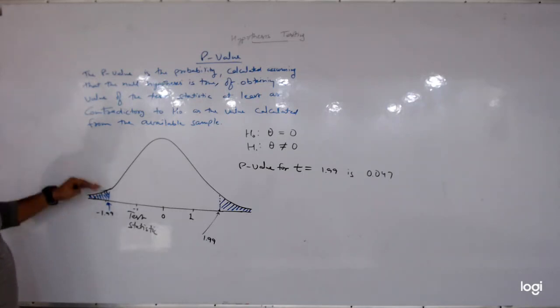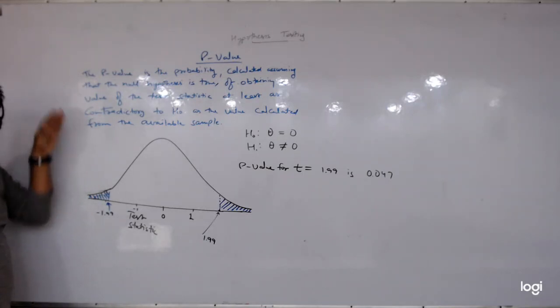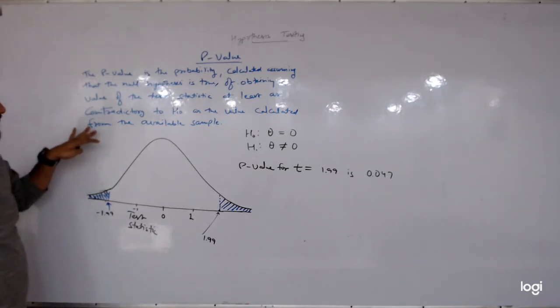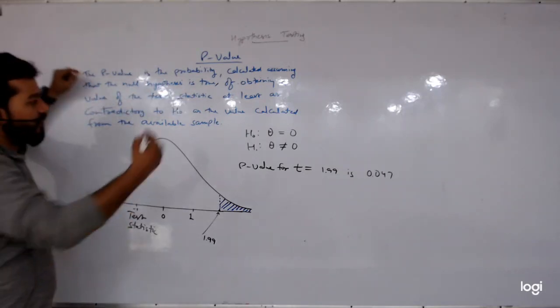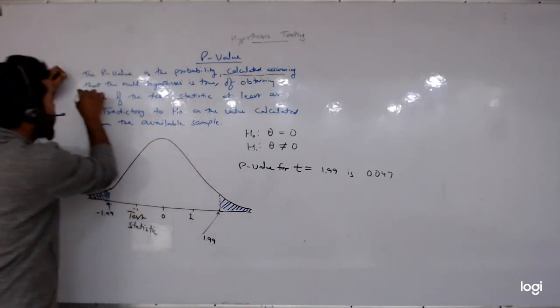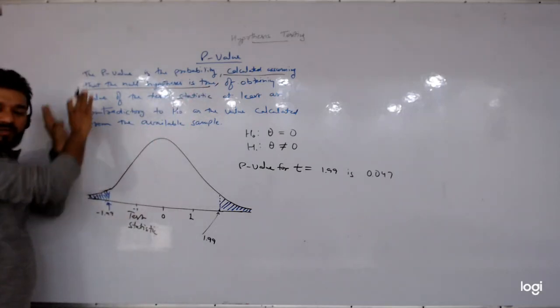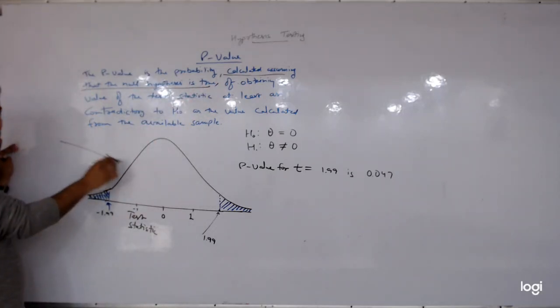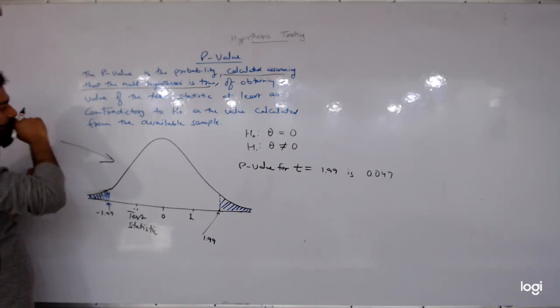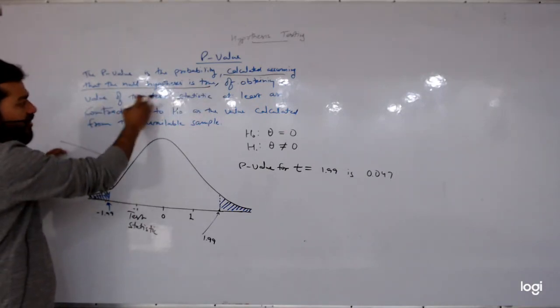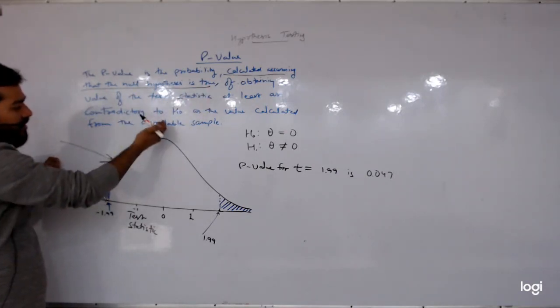Alright, so does this hocus pocus now make sense? Okay, let me read it out again. The p-value is calculated assuming that the null hypothesis is true. We concluded that part by saying that this distribution is drawn assuming the null hypothesis is true, of obtaining the value of the test statistic at least as contradictory.